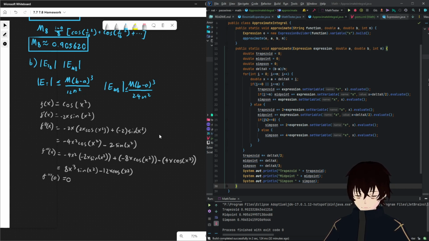So 0.0078 times 12 times 8 to the power of 2. Therefore, m is equal to 5.9904. Where does that number come from?